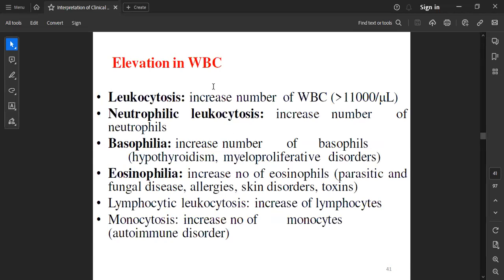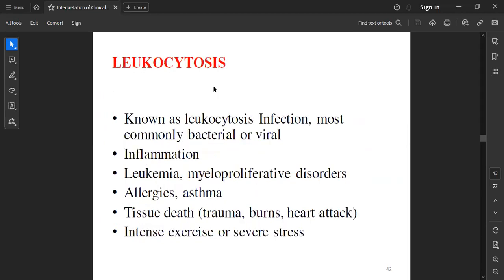So leukocytosis is an increase in the total number of white blood cells. And then you can have all the others: neutrophilic leukocytosis or basophilia or eosinophilia. Leukocytosis usually means there's an infection in your body, commonly bacterial or viral, and your body is actively making more cells to go and fight the infection.